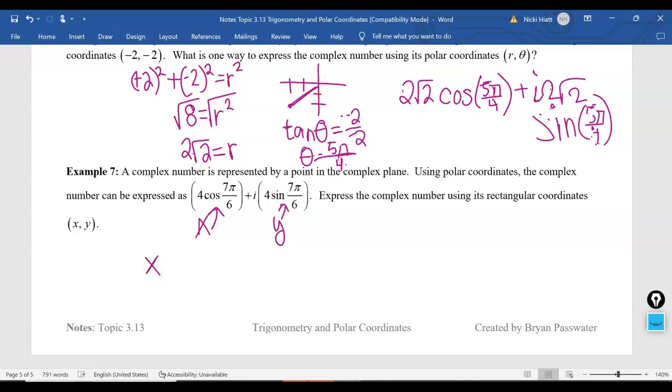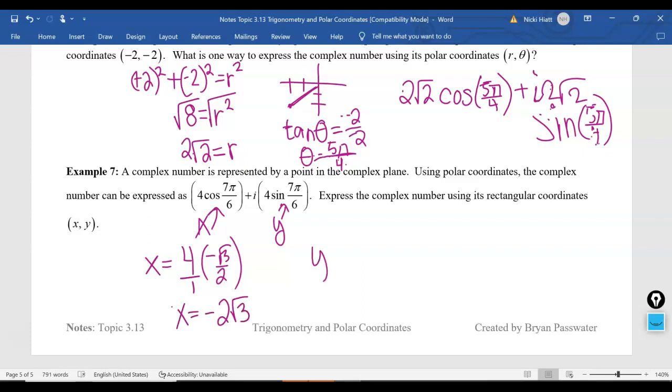Your x is going to equal 4 times cosine of 7 pi over 6. 7 pi over 6 is in that third quadrant, and your cosine there is going to be negative square root of 3 over 2. If you multiply those together, you will get x equals negative 2 square root of 3 as your x coordinate.